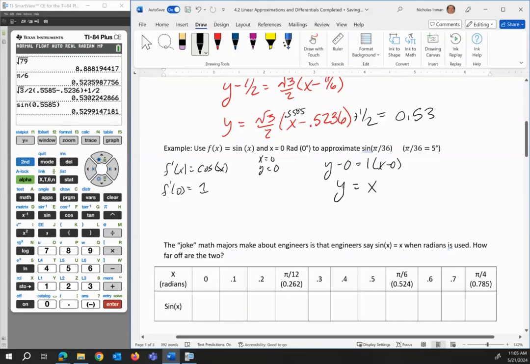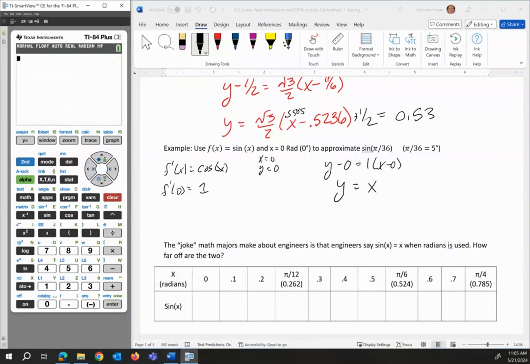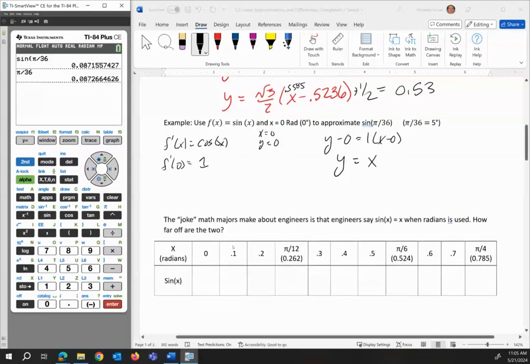Okay, and so we can approximate sine of pi over 36 by just calling it pi over 36. Those two things are pretty darn close, okay? And so that's kind of the joke.